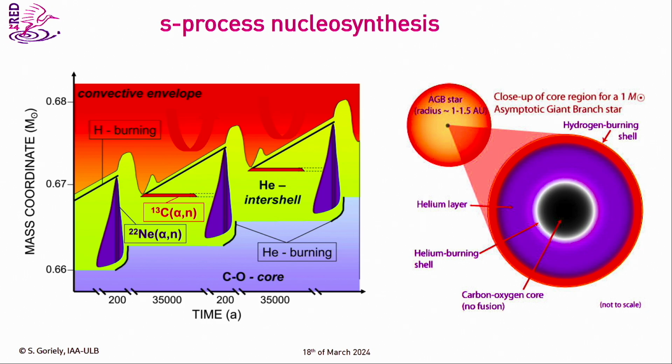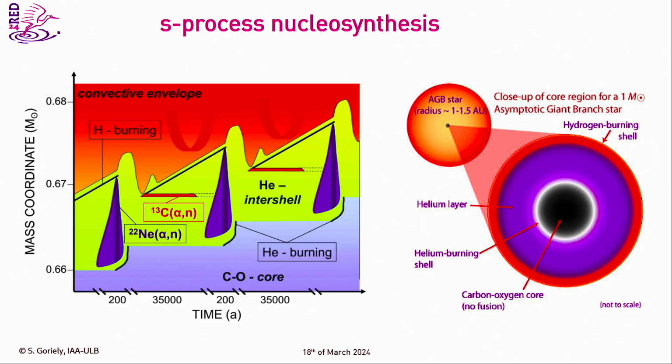You have the core of carbon and oxygen, and here you have the hydrogen-burning shell and the helium-burning shell. And because the rates are very different, they don't evolve at the same pace, and from time to time the helium burning becomes unstable.